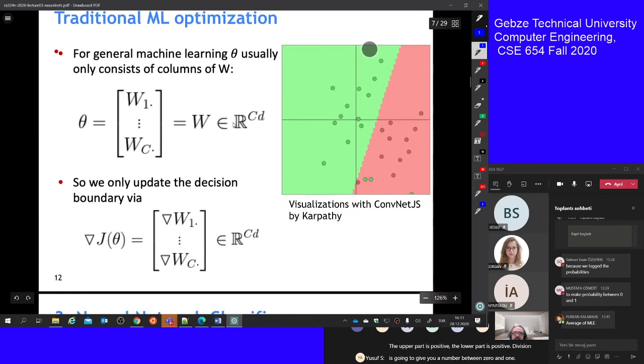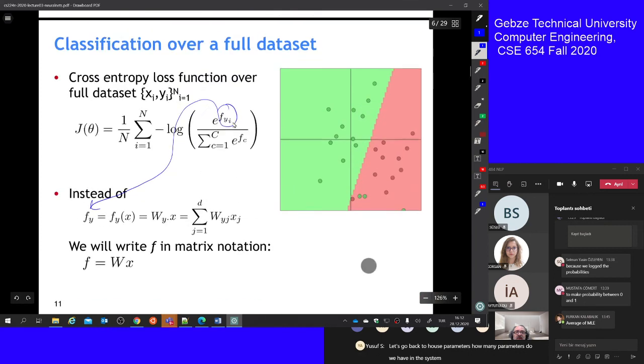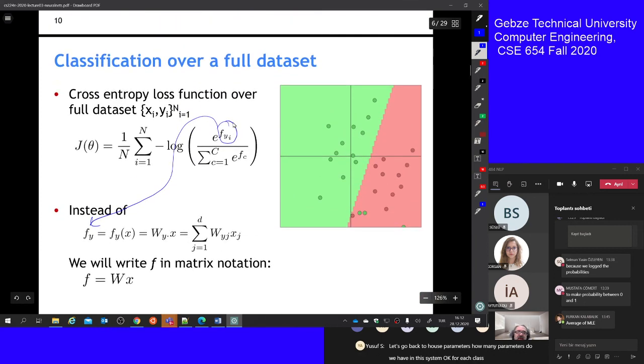Good. Okay, now let's go back to our parameters. How many parameters do we have in the system? For each class I have, for class yi, I have wyi, and this wyi is supposed to be multiplied with the input.